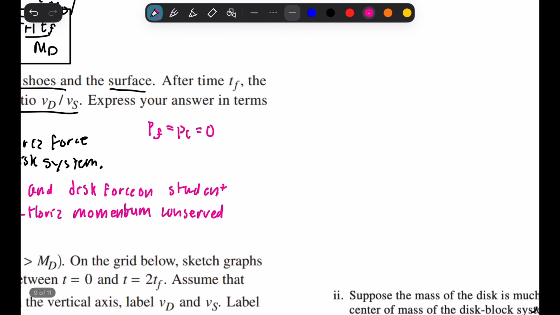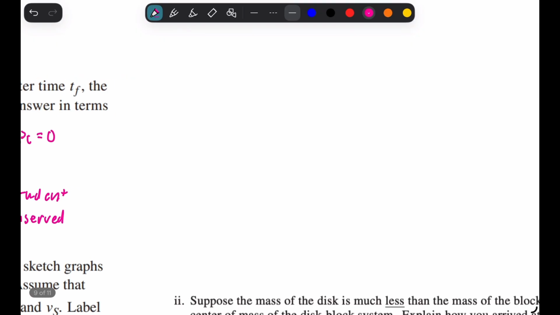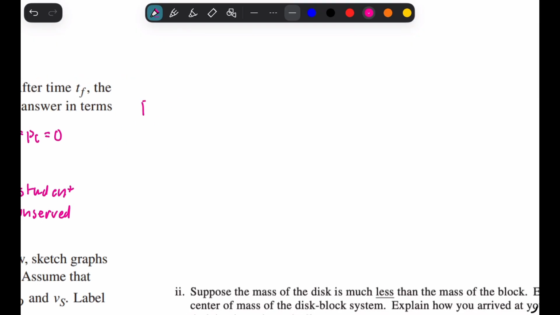So now let's write out our final momentum. That will be mass of the disc times velocity of the disc, plus mass of the student times negative v_s, equals 0. Now, m_D v_D minus m_S v_s will equal 0.